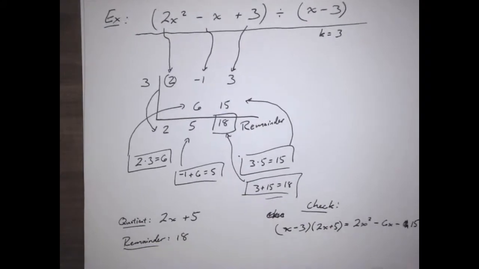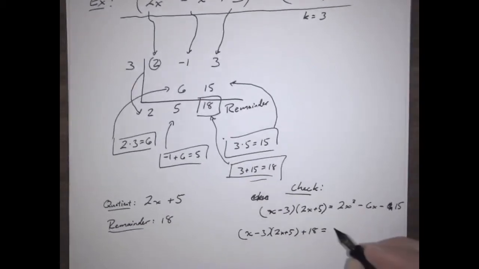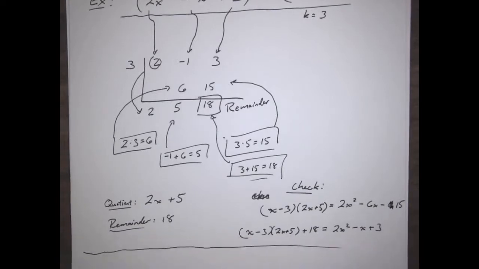And you'll notice that x minus 3 times 2x plus 5, if I were to add the remainder of 18, gives me 2x squared minus x plus 3. Okay. So this is what it looks like when it all goes according to plan.